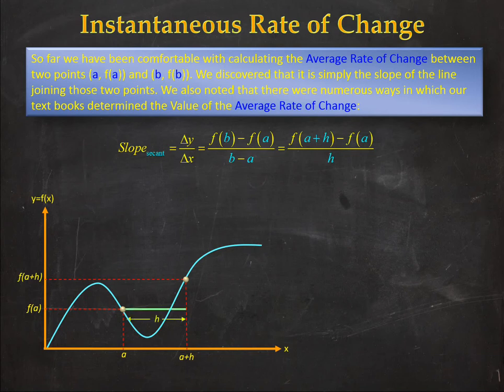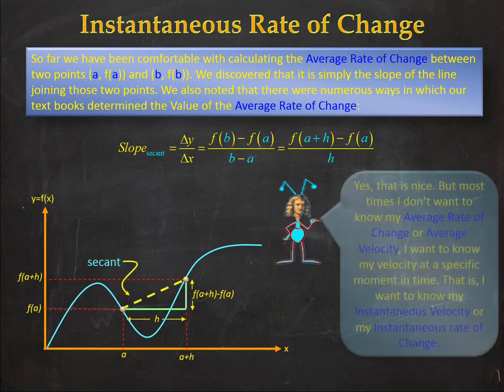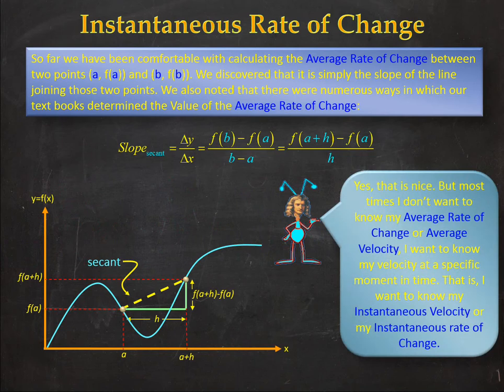So h would be our distance between the 2 points, and then we'd have, of course, f of A plus h minus f of A as the distance in terms of the y value between those 2 points. And of course, the line segment between those 2 points, we've just determined the slope of the secant.